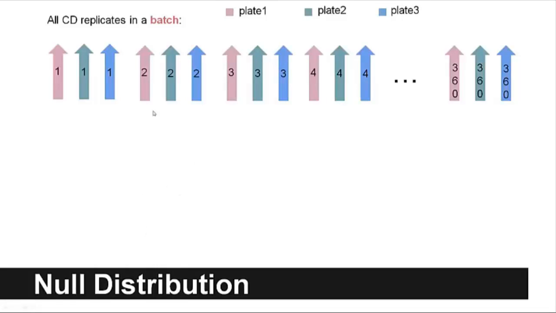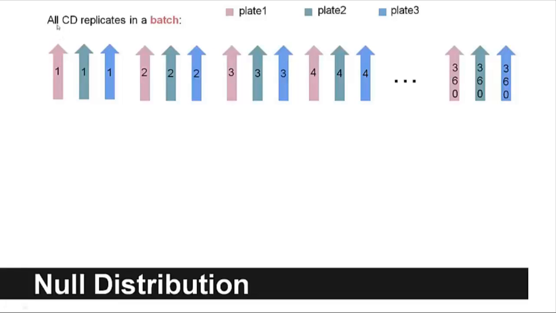To calculate the null distribution, you first calculate all the CD replicates for all the experiments in a batch. This method is based on batch, so I process batch by batch.